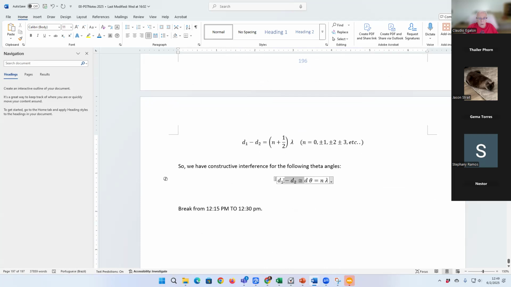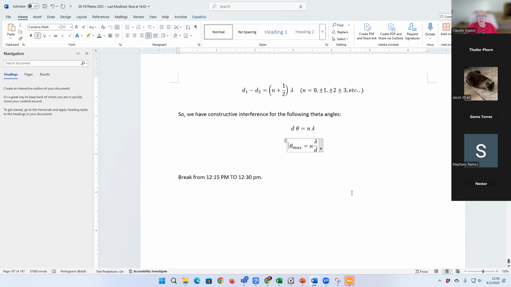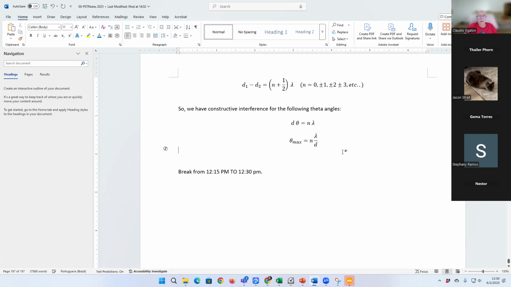So here you go. Constructive interference at theta max. We have theta max whenever n lambda over d, n is the integer number.